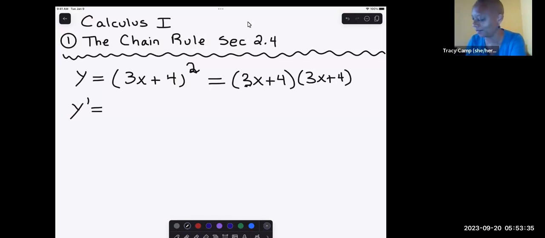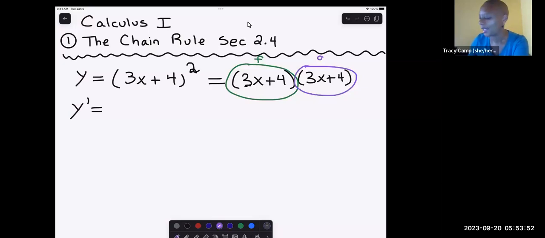I could think of the first 3x plus 4 as my first function, we'll call this our f. And then I could think of the second 3x plus 4 as the second function, the g. And then, reminder, the product rule, I'll just write it off to the side.